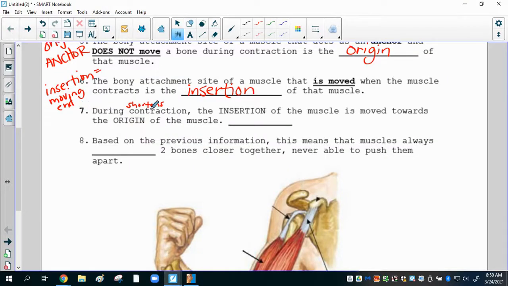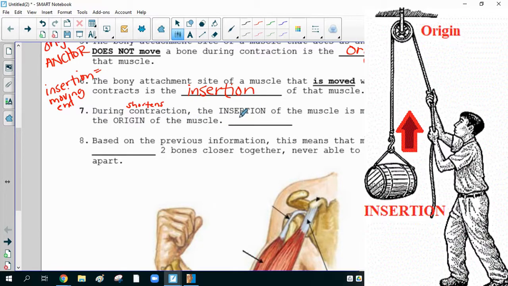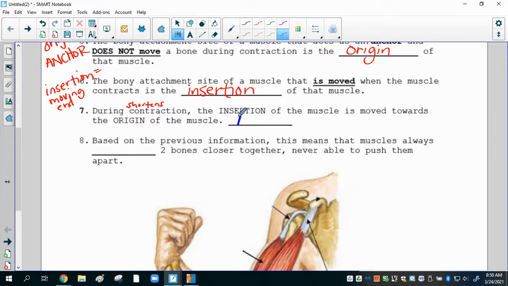So number 7, during contraction, the insertion of the muscle is moved towards the origin of the muscle. I'm going to write that idea the same way every time. The insertion is moved closer to the origin, and I always say I to O. This arrow represents the direction of the motion.